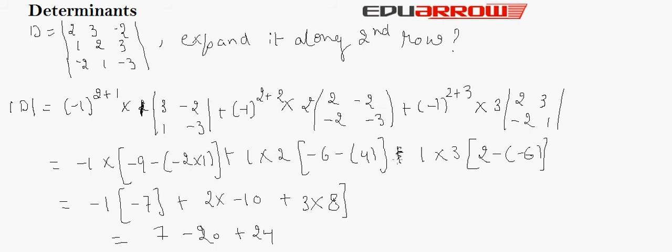Sorry, here minus 1 will come out, so it will be minus, and here also it will be minus. So the answer will be minus 37.